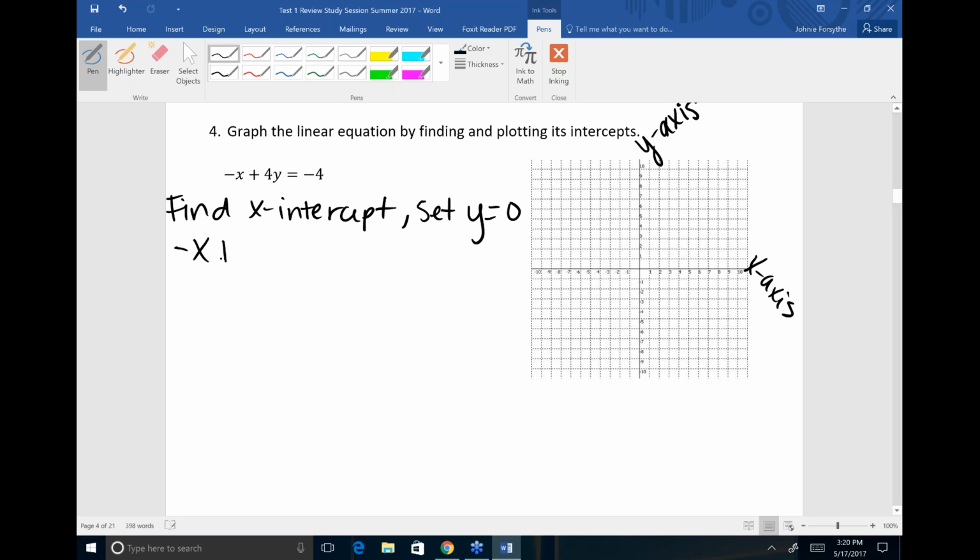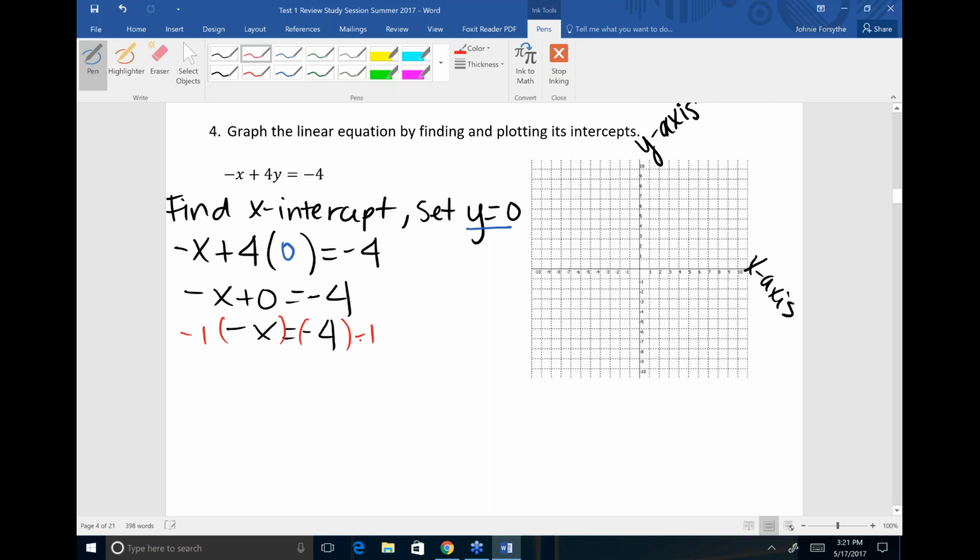So we would say negative x plus 4 times 0 equals negative 4. So 4 times 0 is 0, so negative x plus 0 equals negative 4. Negative x plus 0 is negative x equals negative 4. But I want to find positive x, so if I multiply both sides by negative 1, that will give me a positive x on the left, and then negative 4 times negative 1 is positive 4.